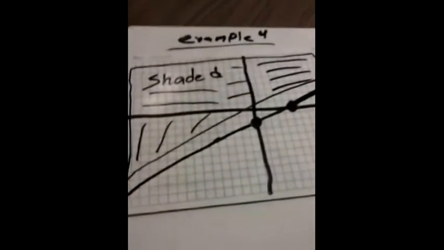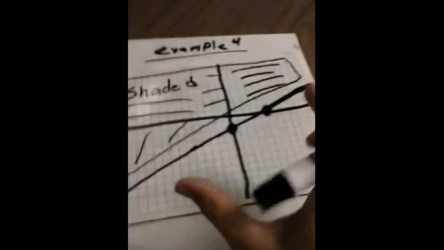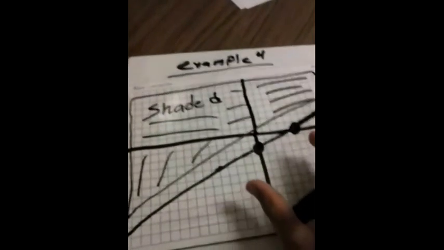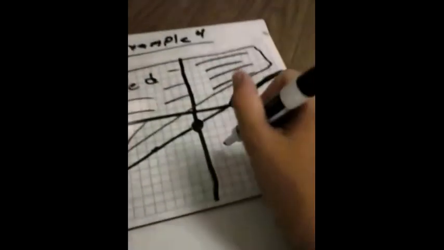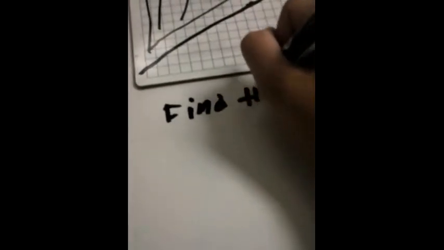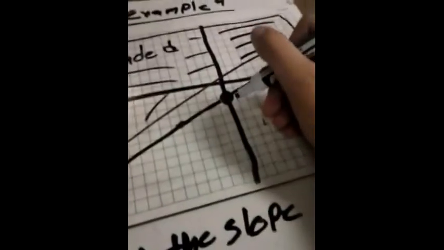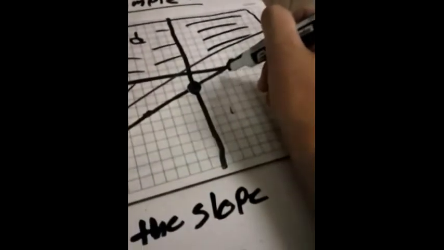Alright, here's example 4. So we're starting out with a graph. So first we need to find the slope. Let me write it down here. So these two big dots, we need to find the slope between them.